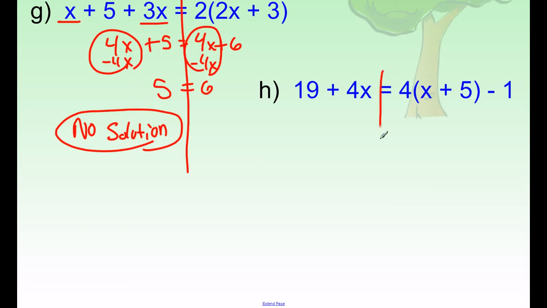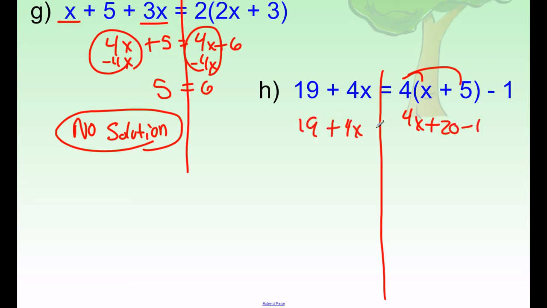Letter H. Nothing over here. Oopsie. Nothing on the left. On the right, I can distribute, giving me 4x plus 20. And then I actually have a little bit to simplify, because I've got this 20 minus 1. I can pretty that up. 20 minus 1 is just 19.